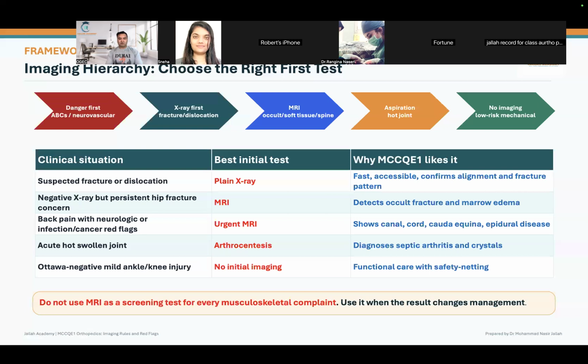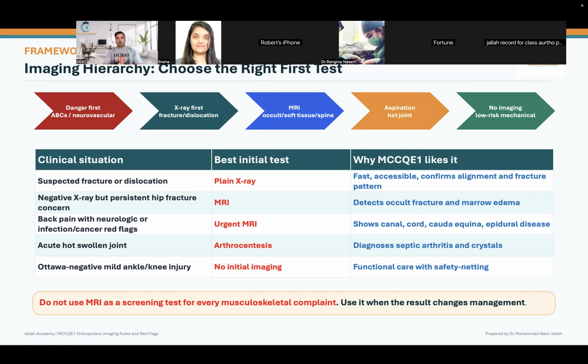So clinical situation: now this is how they're going to give you a situation or a clinical vignette. For example, you have a patient who has a suspected fracture or dislocation. Plain X-ray. Why X-ray? Because I suspect a fracture, I suspect a dislocation. Why is it so important?